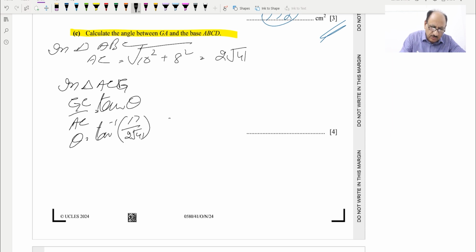So this is equal to 53 degrees. The answer will be 53 degrees for 4 marks.